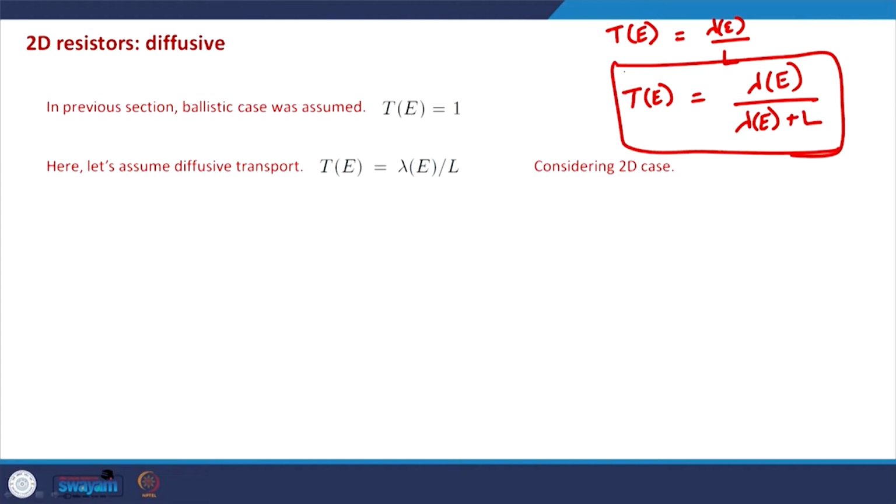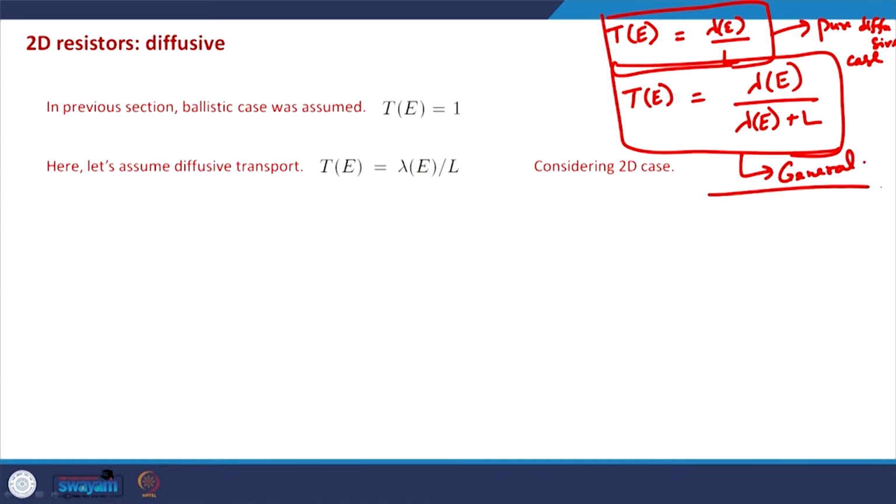So Te equal to lambda E by L is the pure diffusive limit. And this is actually a more general case. So this will hold true even in the case of ballistic transport and also in the case of diffusive transport.